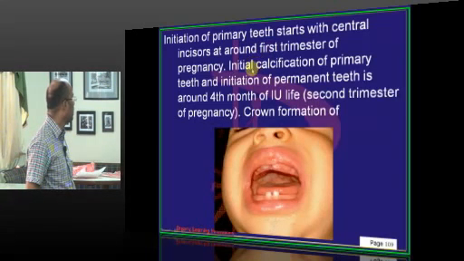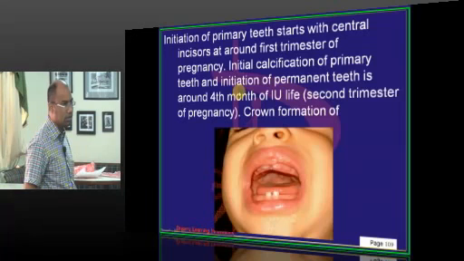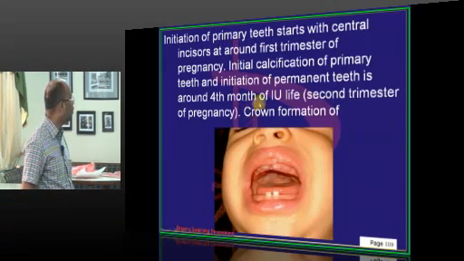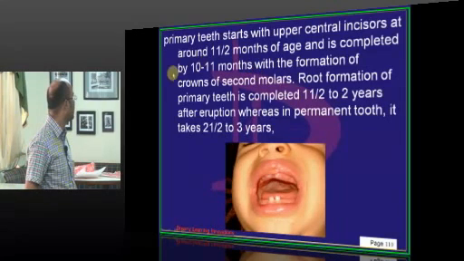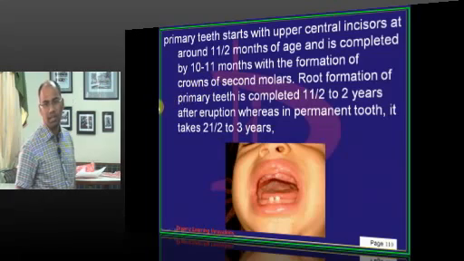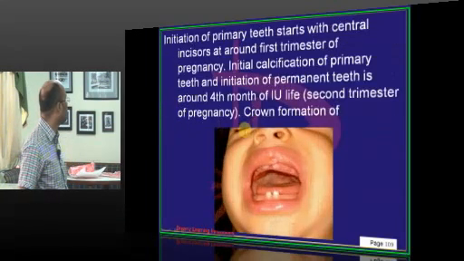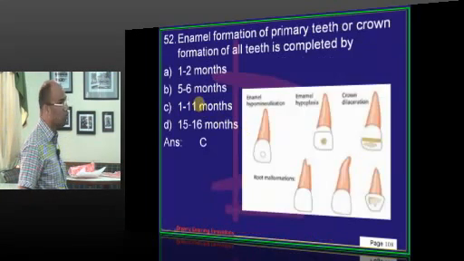At the 4th month you see initiation of permanent teeth and calcification of primary teeth. Then crown formation is completed by 1.5 months of age, and by 10 to 11 months most of the crowns are formed, even of primary second molars. So your answer would be 1 to 11 months.